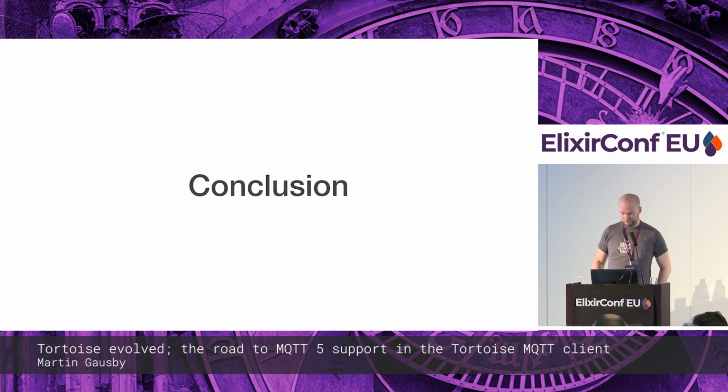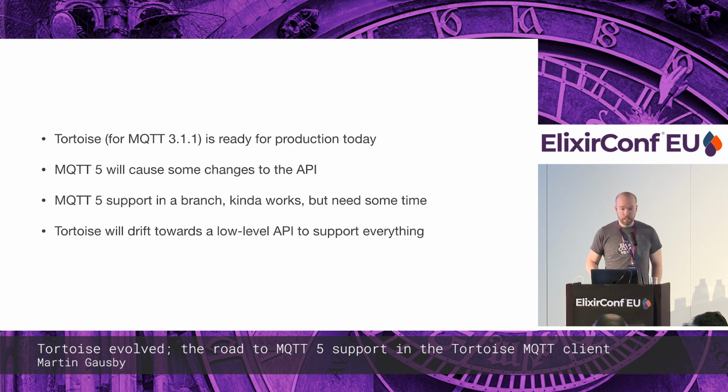So, conclusion. Right now you can use Tortoise in its 3.11 version, and it's in production in a couple of companies. SmartRent is one of them. MQTT 5 will cause some changes to the API, just minor changes.